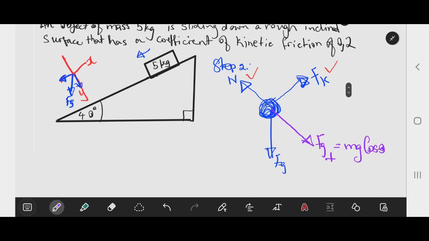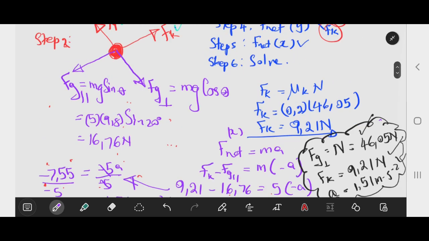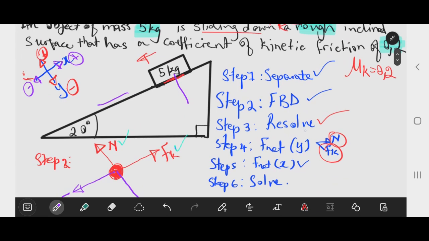And then we'll have Fg parallel, and Fg parallel is equal to mg sin theta. So now that we have resolved this Fg, we can remove it from the free body diagram. Now we have Fg perpendicular, which is in the y, and Fg parallel, which is in the x. So that was step number 3, which was resolving.